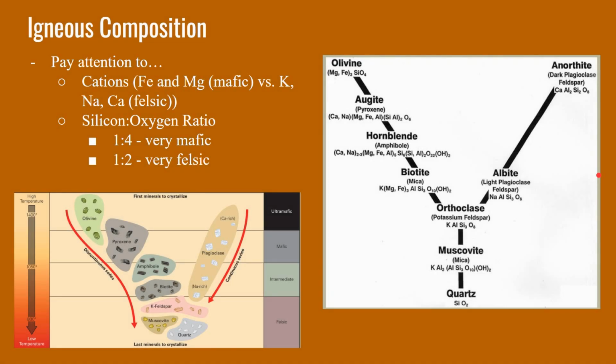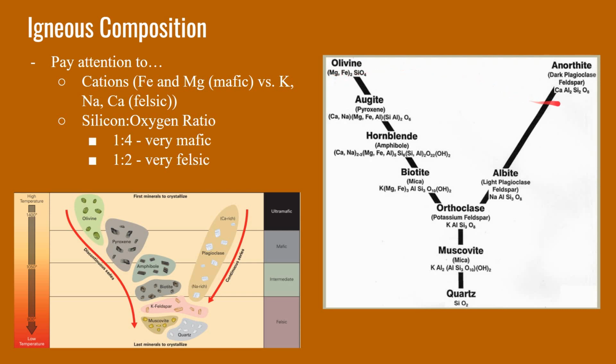So now looking at composition, again we have mafic and felsic rocks, and these are distinguished in a couple of ways. Firstly, if you look at these formulas over here, the cations are different. So generally with your more mafic rocks, you see a lot more magnesium and iron present.